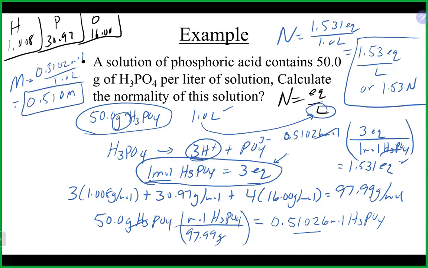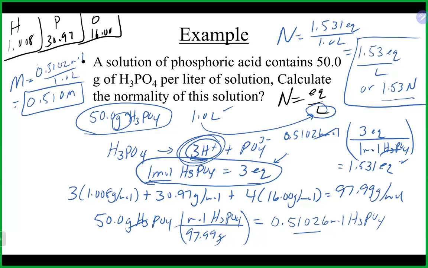You can see the molarity versus the normality is a threefold difference because of the 3 equivalent difference between them. So the molarity and the normality may be different if it is not a 1-to-1 relationship. If it was monoprotic, both the molarity and the normality would actually be the same number as well. Any questions on that there?